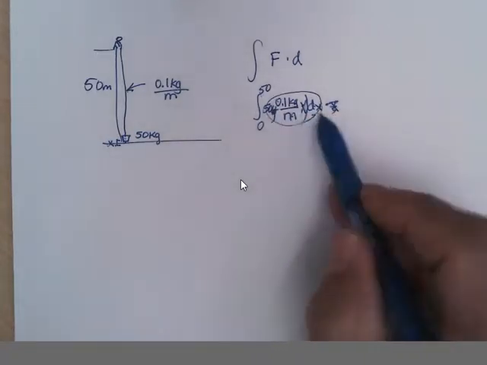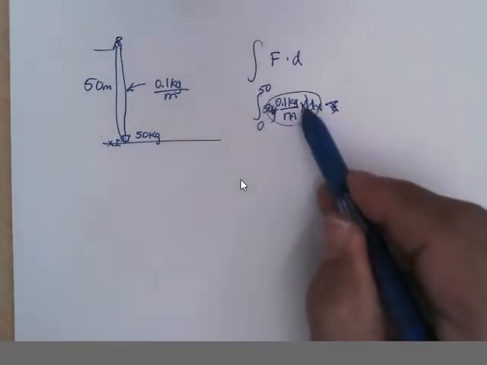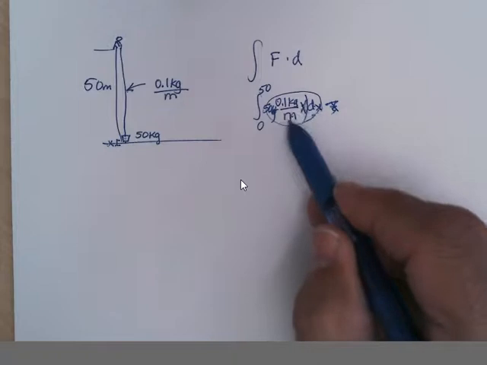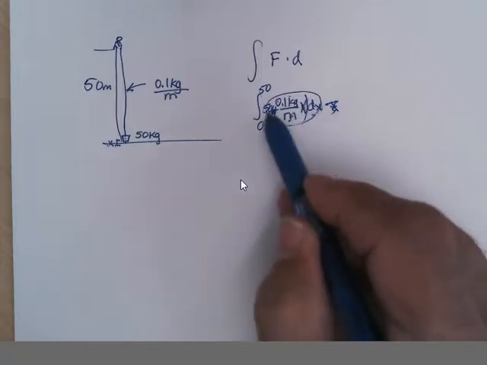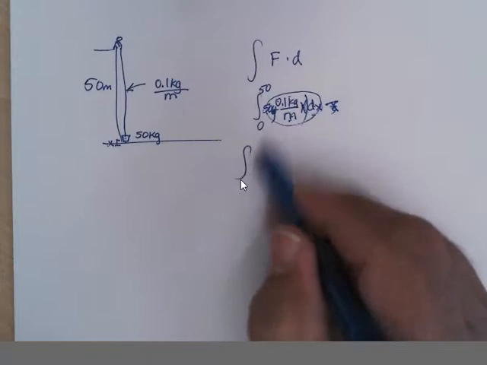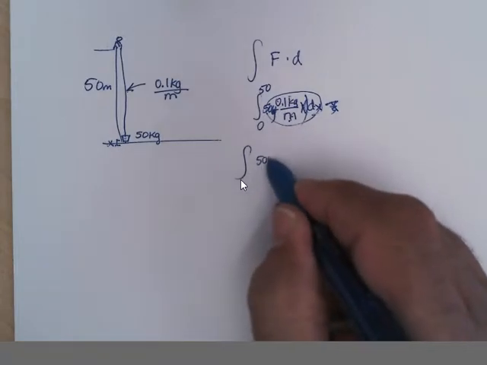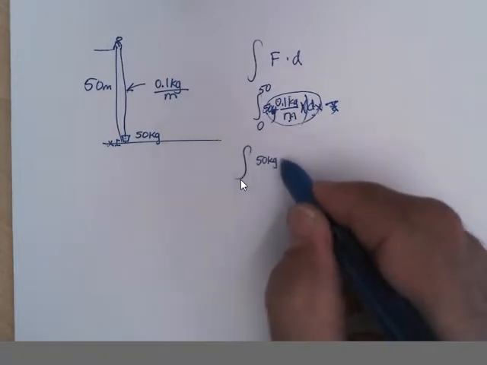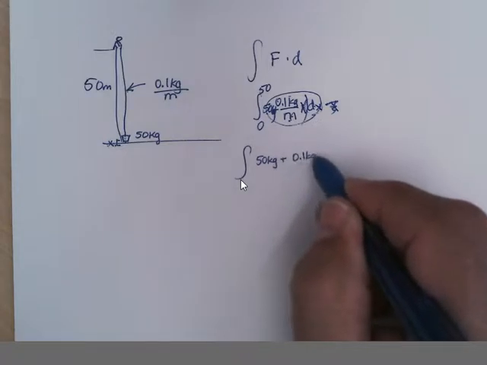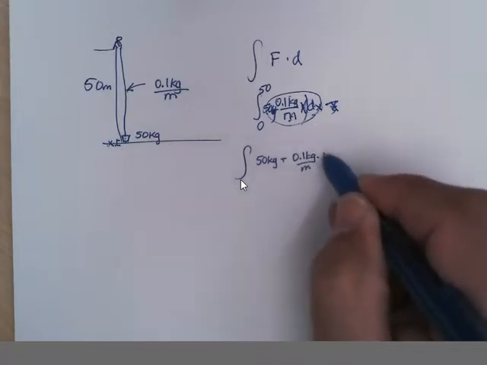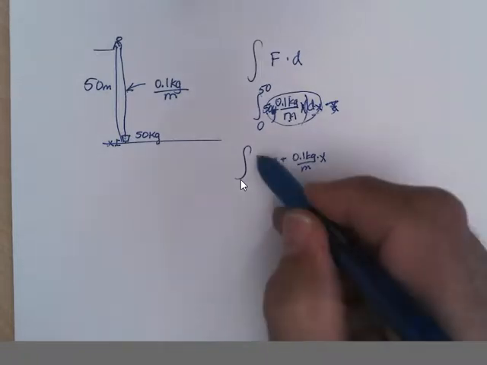So this is going to be the distance you're going to lift it times the mass for the length, gives you the mass of the rope plus the 50 kilograms. Let's write it out here. 50 kilograms is the mass of the bucket and its contents plus 0.1 kilograms per meter times the length that you lift it.